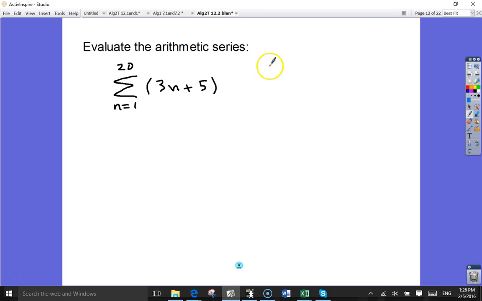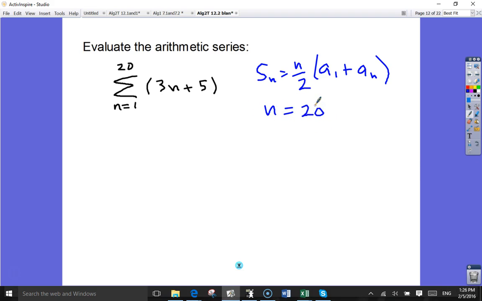My formula is this: Sn equals n over 2 times A1 plus An. Okay. Looking at this summation, how many terms are there going to be? Starts at 1, ends at 20. Looks like we've got n equals 20.